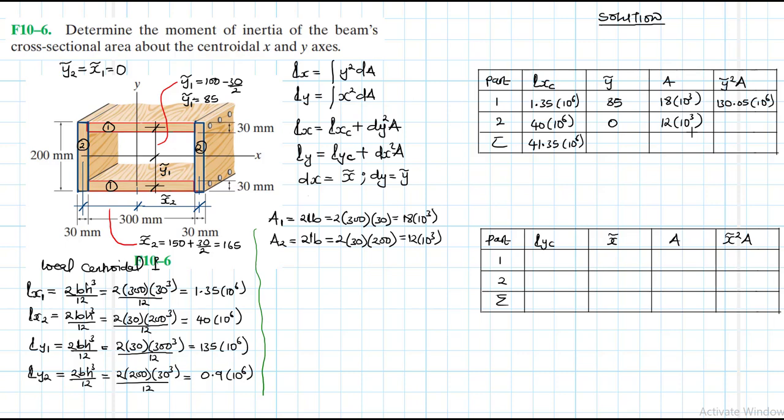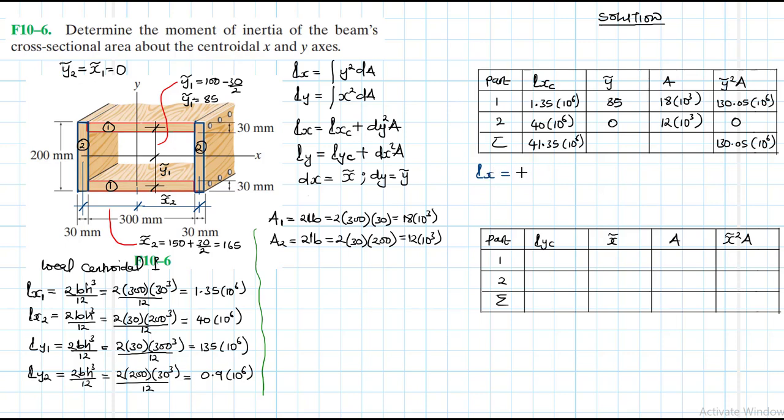Then this one is just 0, and the total there is just 130.05 times 10 to the power 6.